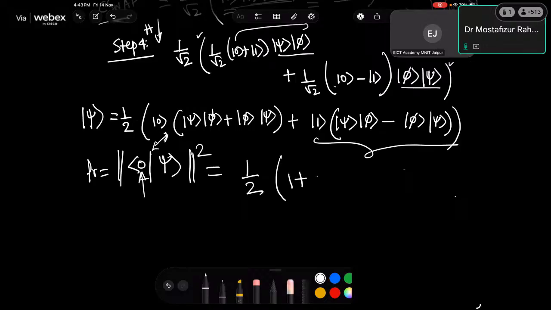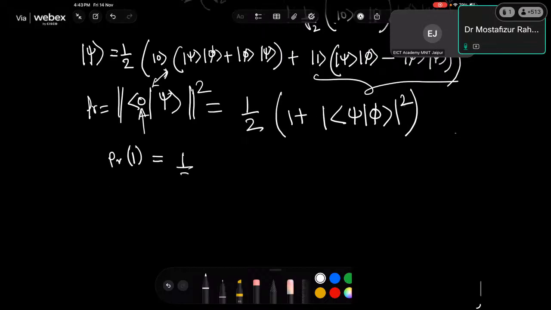So basically your answer will be half of 1 plus psi and phi square. And the probability of getting 1 in the computational basis 1 will be half of 1 minus psi and phi square.